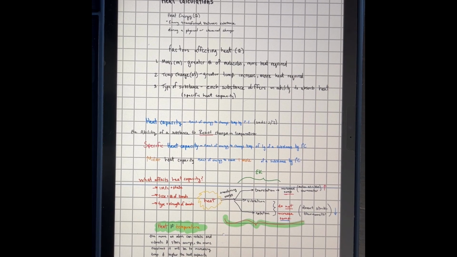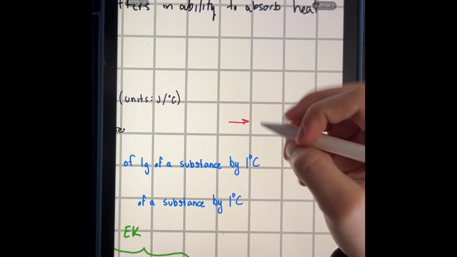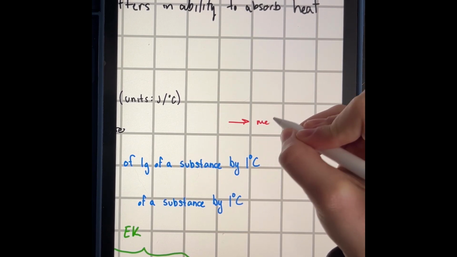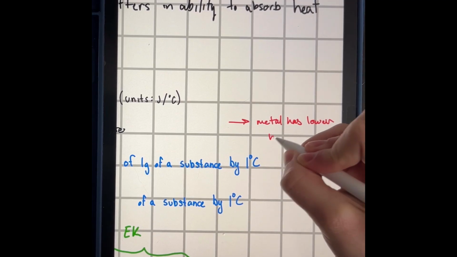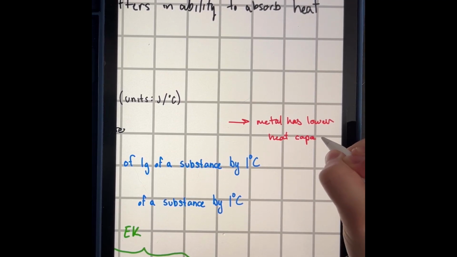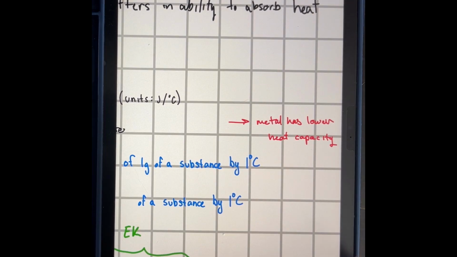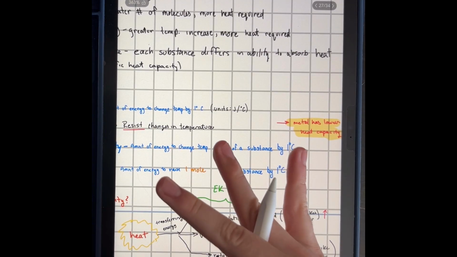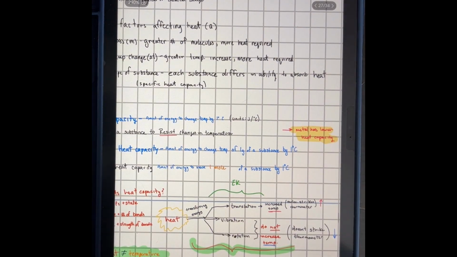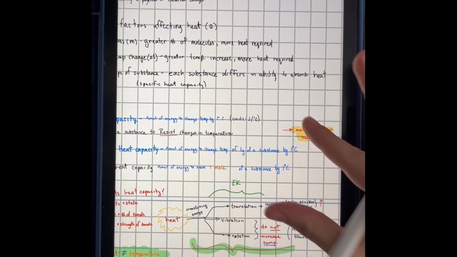This is where I need to do some researching, but I'm going to do that after. Just make a little note here, just to confirm my test is tomorrow. So metal has lower heat capacity, which makes sense, if it's true. That's why they use metal mugs to keep stuff warm, because it's good at insulating.